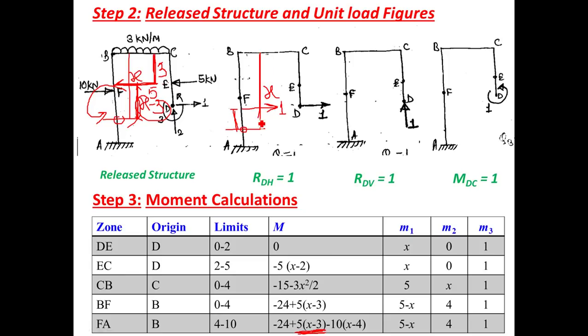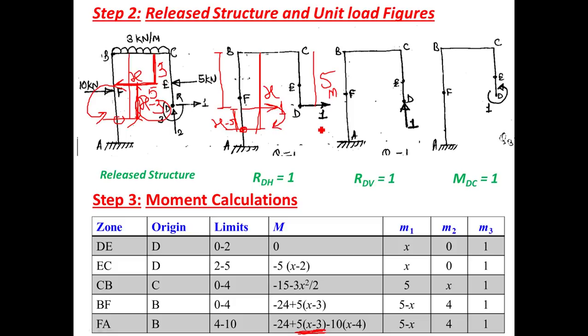This total is x, and we have to subtract the distance, and this is equal to 5 meter. This distance is given as 5 meter. So if you subtract this 5, you will get this. So it is x minus 5. About this point, this force towards right will produce clockwise moment, so it is minus.